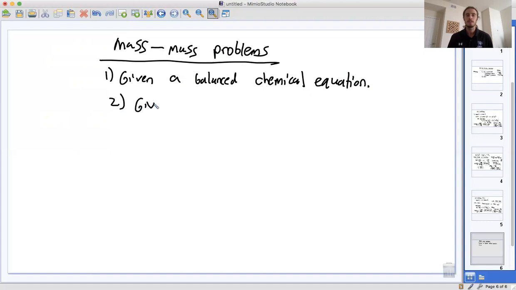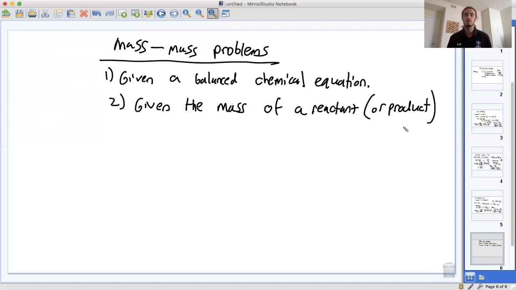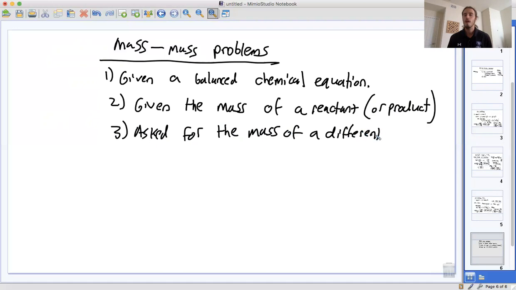You're given the mass of a reactant or product, but you're just given one, right? You're just given one reactant or one product, and you're asked for the mass of a different reactant or product.